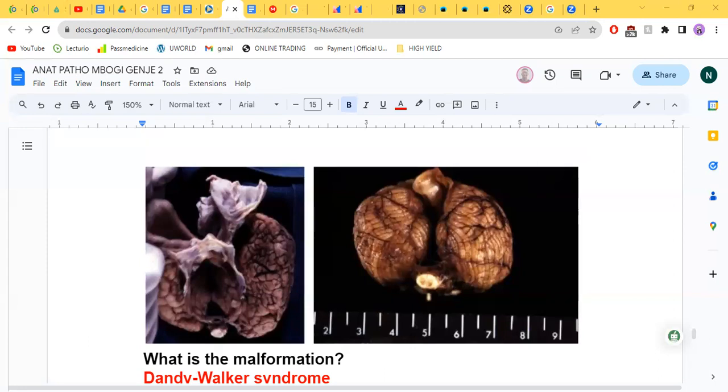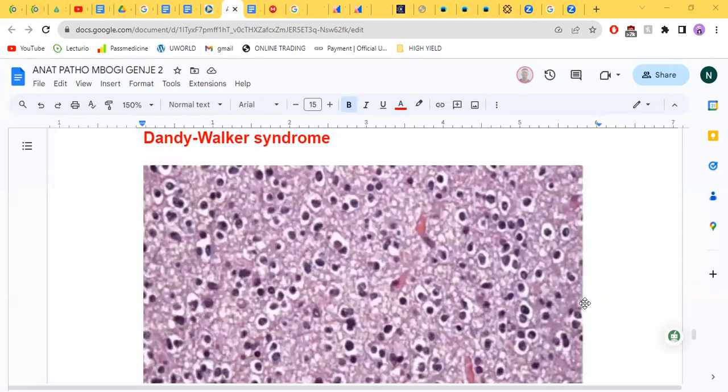So there's agenesis of the vermis, and that's the telltale sign of Dandy-Walker syndrome. Other responses have come in, such as hydrocephalus, a large posterior fossa, and a dilated fourth ventricle, and all those are true. I think we're doing well. Maybe we can move to the next one.